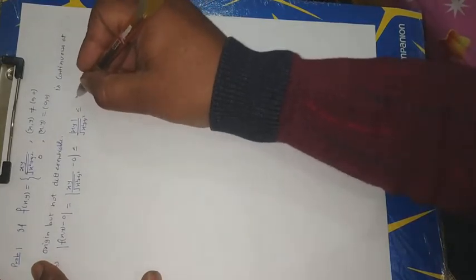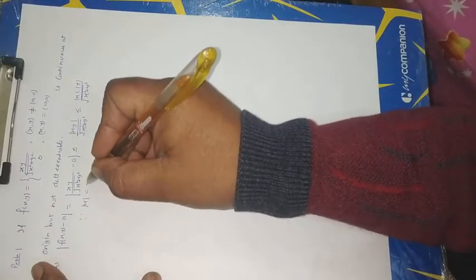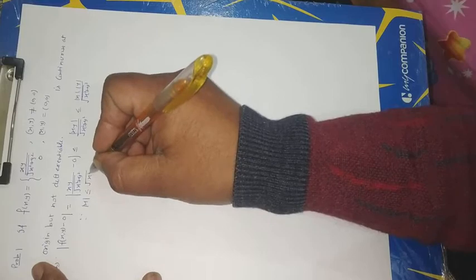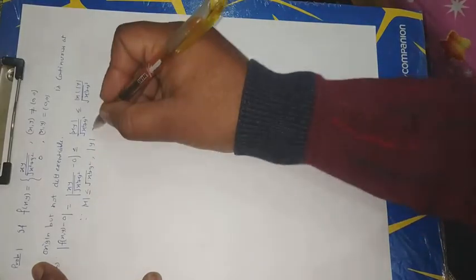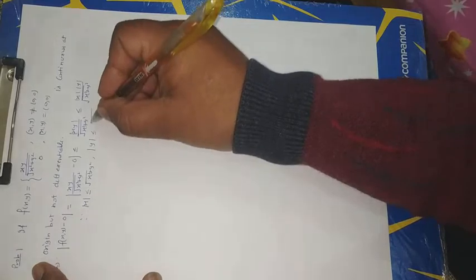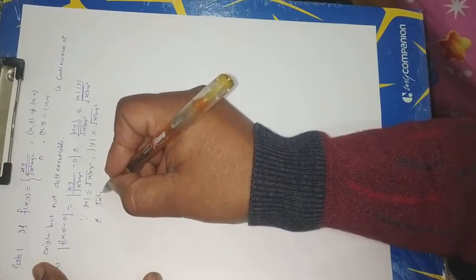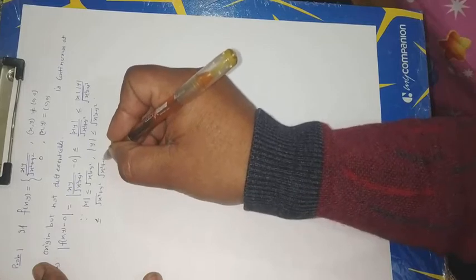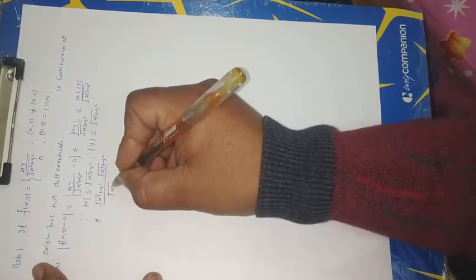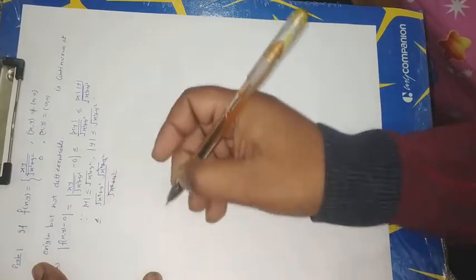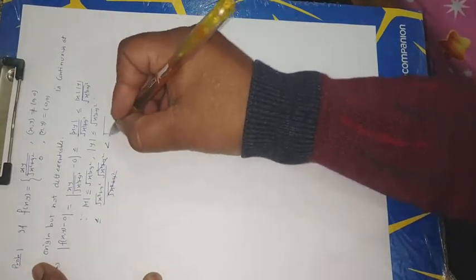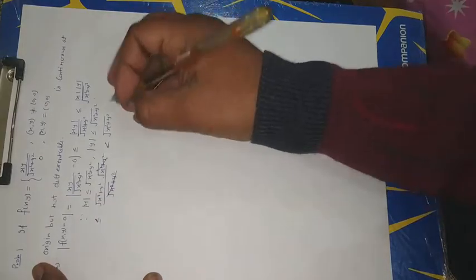Since |x| is always lesser than or equal to under root x square plus y square, similarly |y| is always less or equal to under root x square plus y square. Now putting their value here, under root x square plus y square is cancelled by this. Now we get under root x square plus y square.